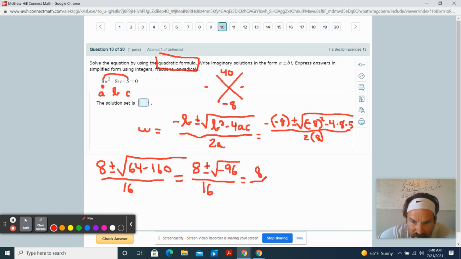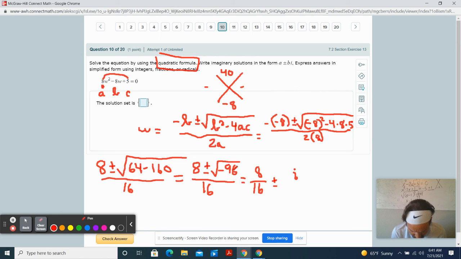That's going to be the a part, plus or minus the square root of negative 96, where i is going to come out. Now 96 is not a perfect square. If you took the square root of 96, you get a decimal, like 9.79.